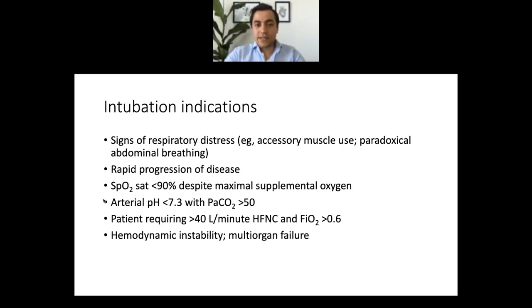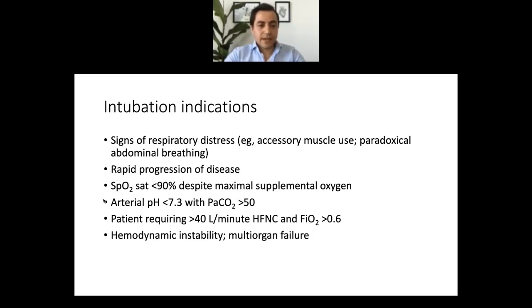Again, the intubation indications: if the patient shows any sign of respiratory distress, you should have a low threshold for intubation. Rapid progression of the disease and low saturation despite maximal supplemental oxygen are indications for intubation.